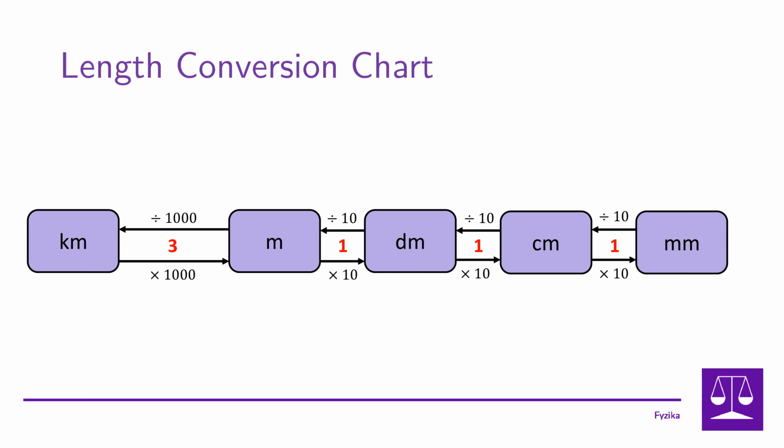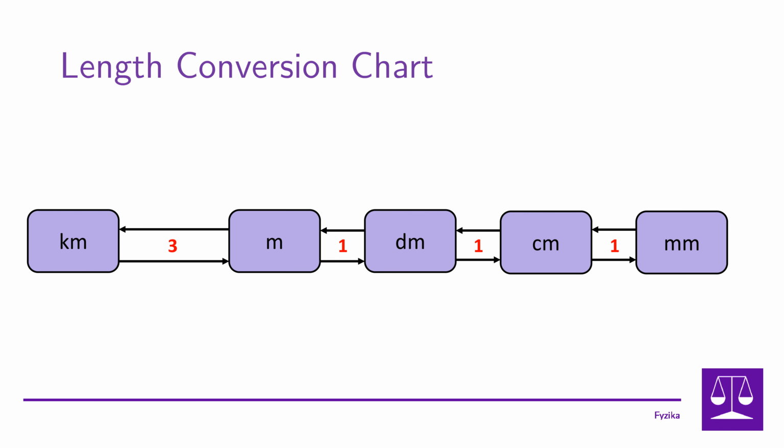That is, the number 1000 has 3 zeros, so we write 3 between kilometers and meters, while between decimeters and centimeters we multiply or divide by 10, for example, and the number 10 has 1 zero, so we write 1 between decimeters and centimeters. Thus, we can take multiplication and division by 10 and thousands off the chart and focus on how to use these numbers to convert units of length.